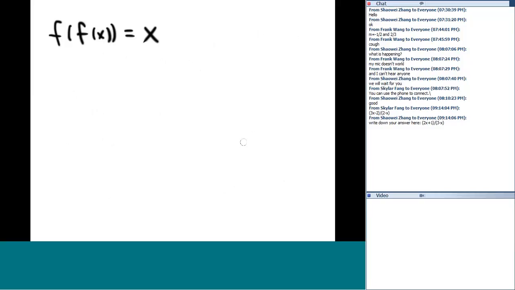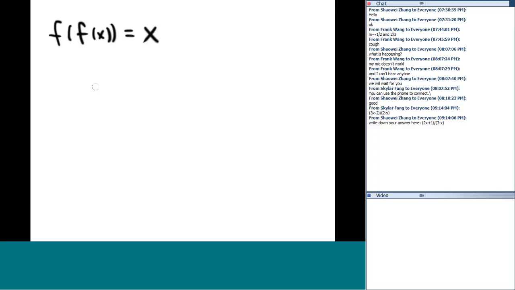So what kind of functions would be like this? Inverse.